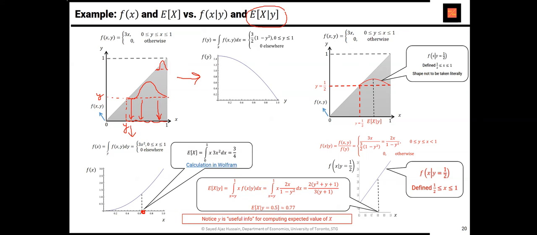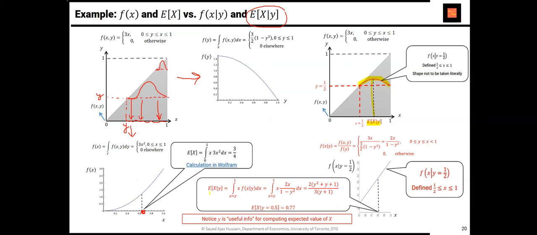And that distribution is going to have a center. And that center will be the expected value of x given that particular value of y. So remember, this is the density of x values given that y is equal to half. And then it has a center of the distribution, which is your expected value of x given y. How would I find this?